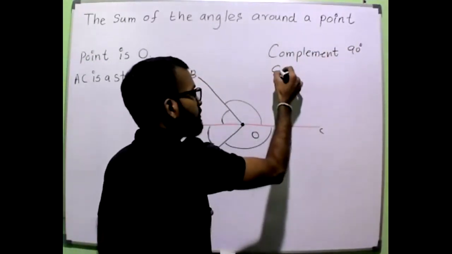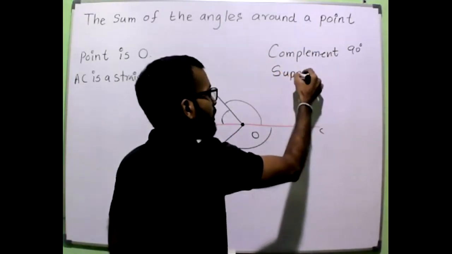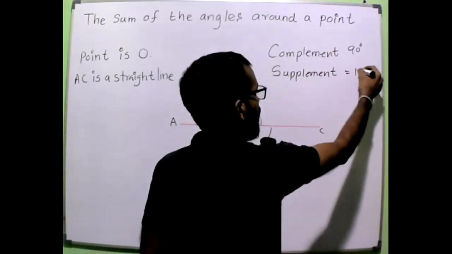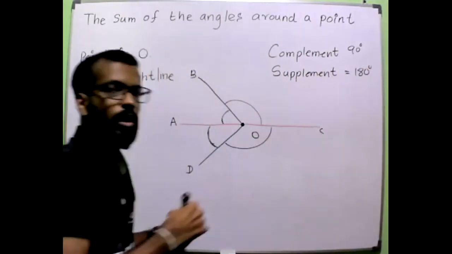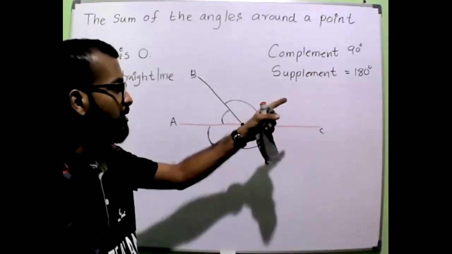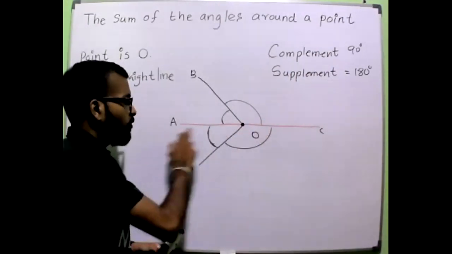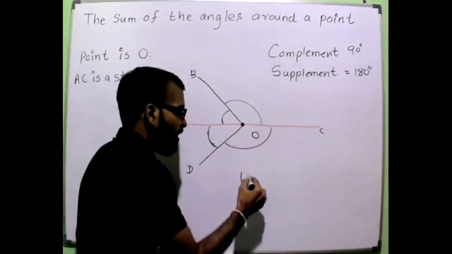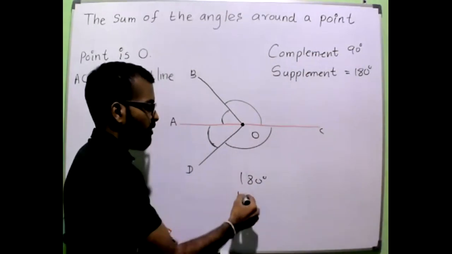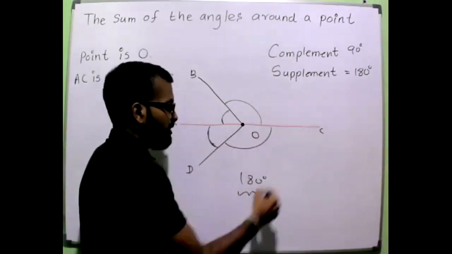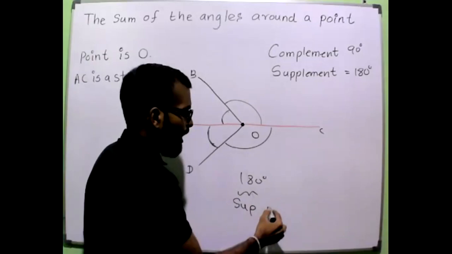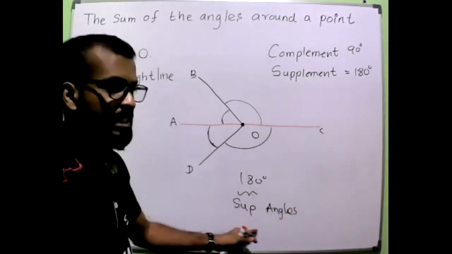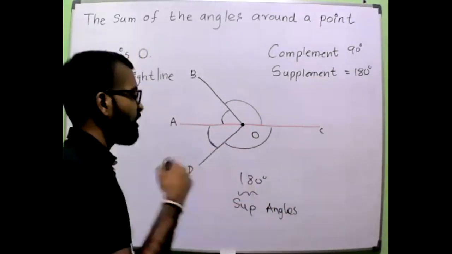When you hear the word supplementary, 180 degrees. So here, if you add AOD and DOC, you are obtaining 180 degrees. So AOD and DOC are supplementary angles, right? These are very easy things we discussed last week.